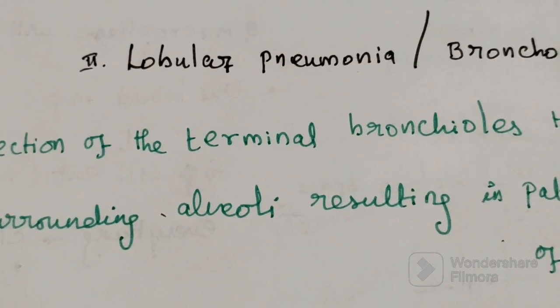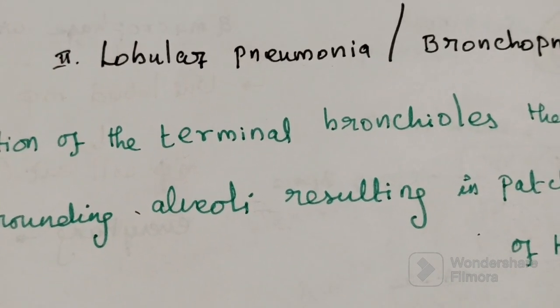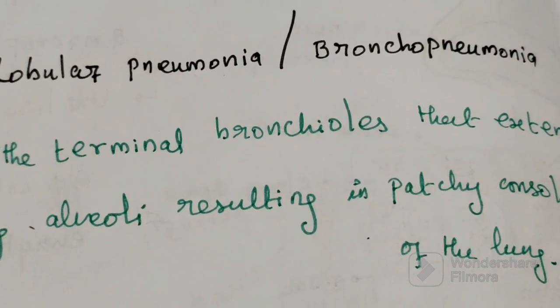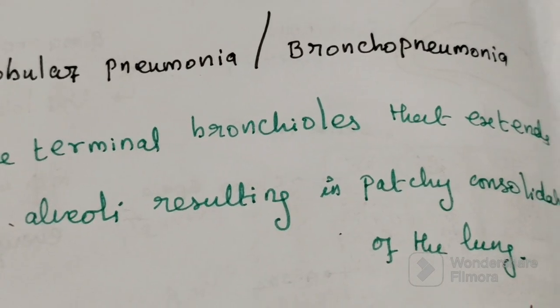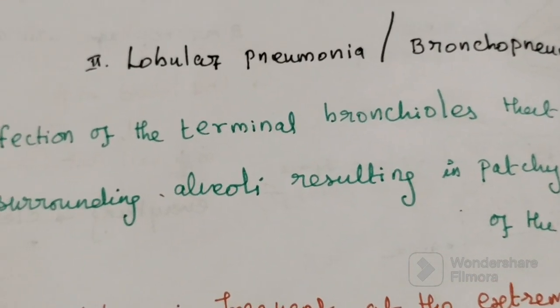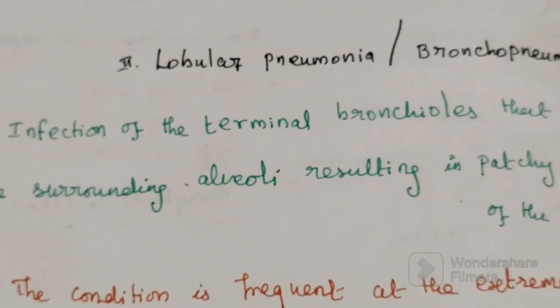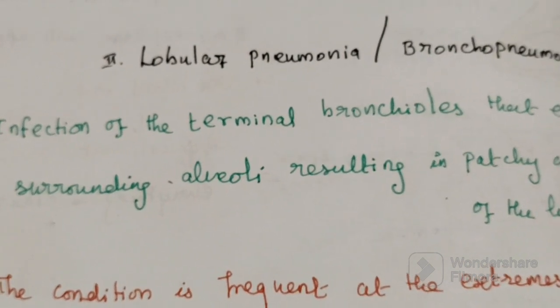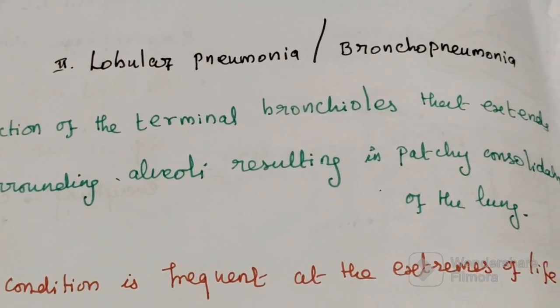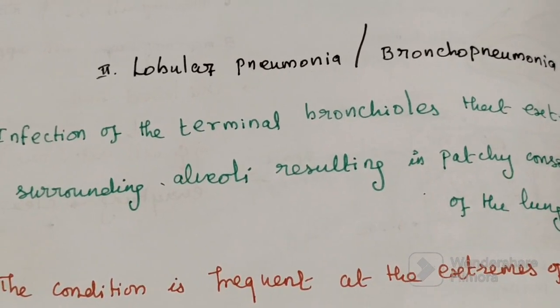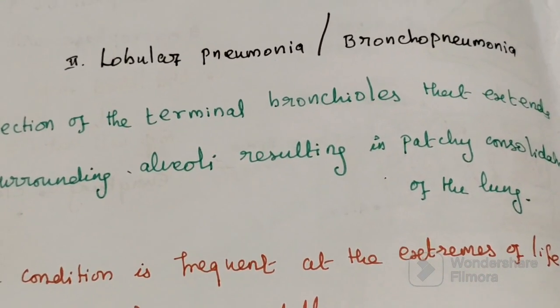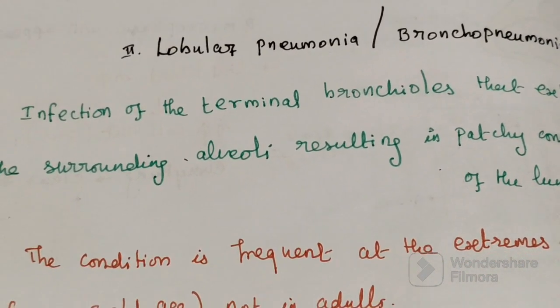The second one is lobular pneumonia. It is also called bronchopneumonia. It has only one stage. It is an infection of the terminal bronchioles. It affects the extremes of age, infants and old age, not adults.